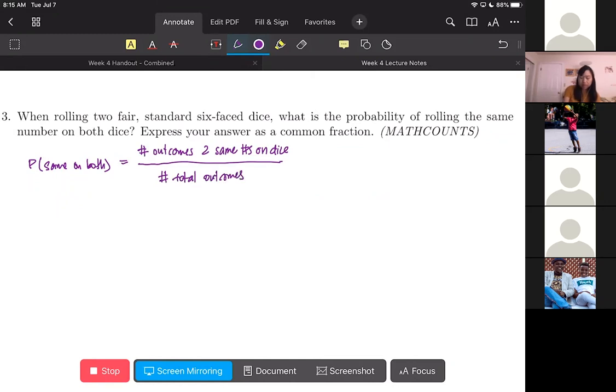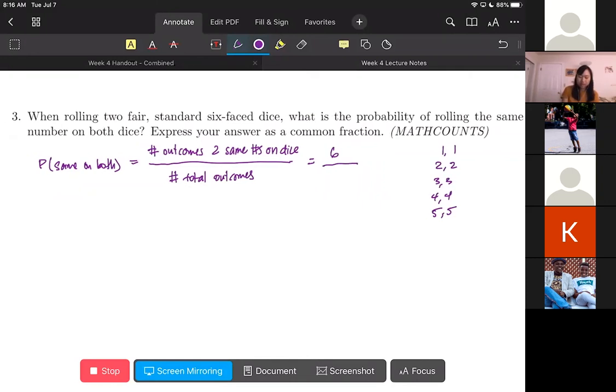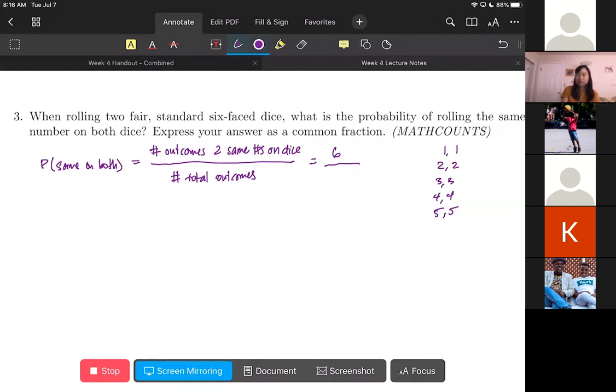In this case, for the outcomes where it's two of the same numbers, there's 6, because you can have 1, 1, 2, 2, 3, 3, 4, 4, and 5, 5, right? For the total, you mentioned a couple. You said 6 factorial or 6 times 6.